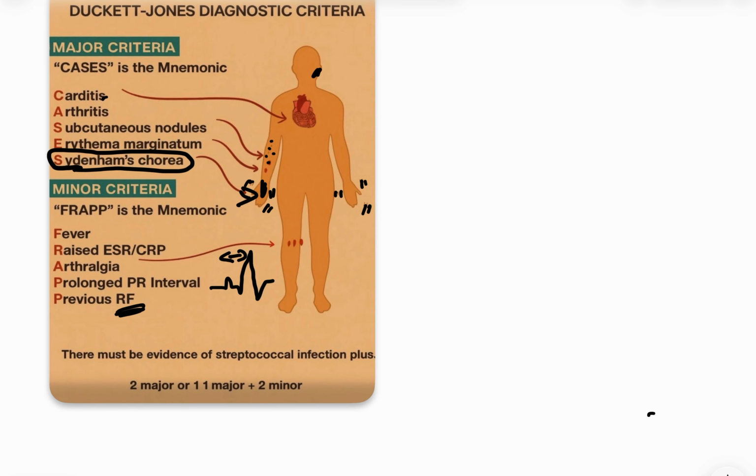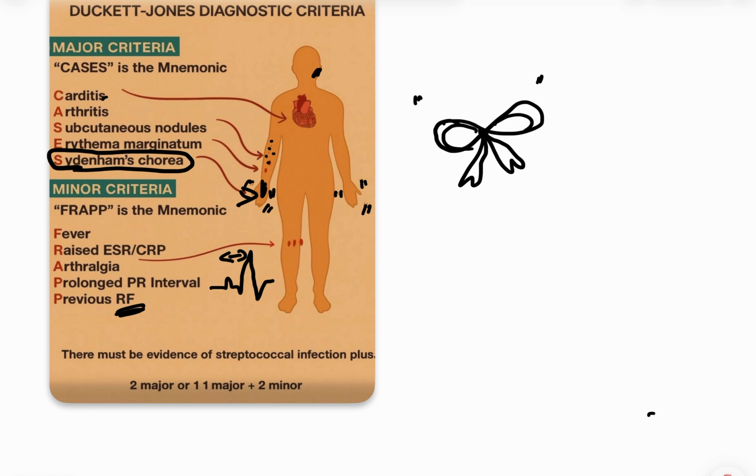That means there is an involuntary movement for the patient. And another thing is migratory polyarthritis, the painful joint pain also seen in the patient who has rheumatic heart disease.